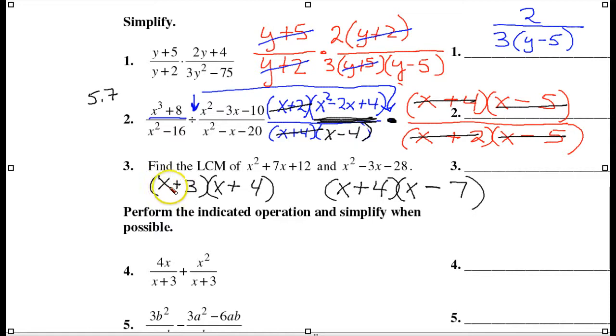Well, as we look at our x plus 3, that's used once here, so we're going to need one of those. x plus 4 is used once here in this factorization, and once here in this factorization. So we're going to need one of them. We don't need both because they're only used once. So our least common multiple are these three that I've underlined in red.